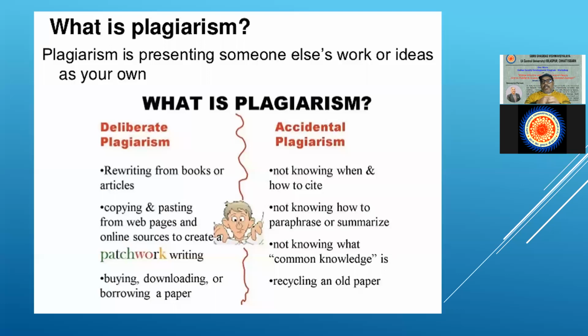Accidental plagiarism is not knowing when something was cited, who has cited it, not knowing how to paraphrase and summarize, and not knowing what is common knowledge equivalent to the original text. Recycling an old paper: many people reuse exactly the same idea because they think they are smart researchers, but their smartness will end once the paper is retracted.